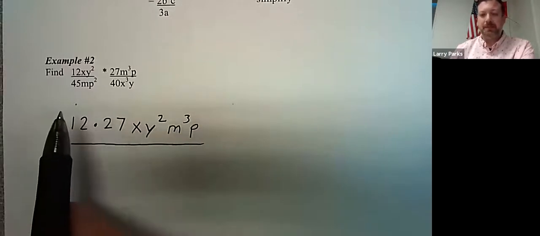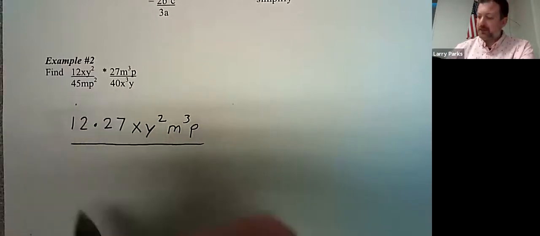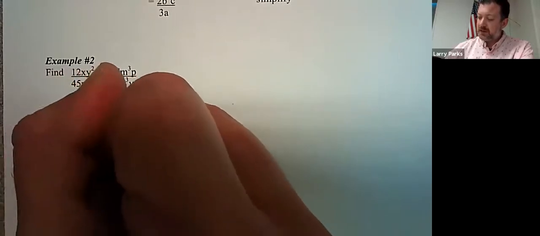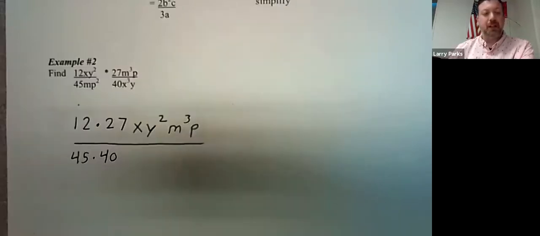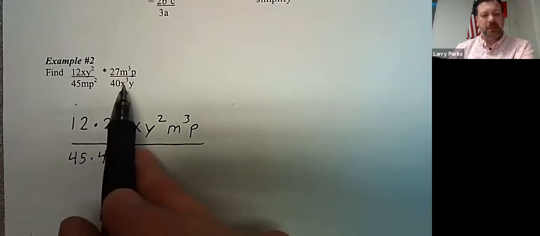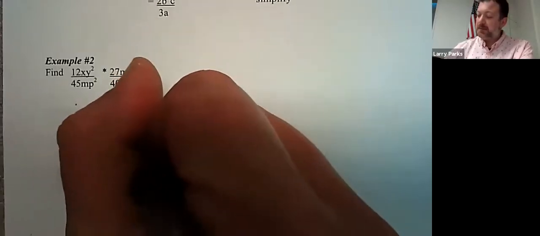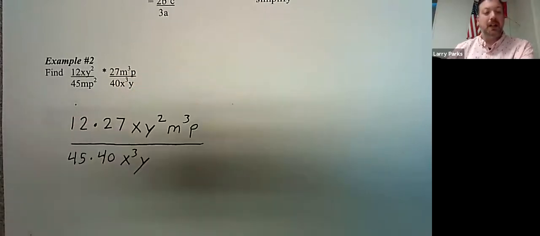And then on bottom, I have 45 times 40. And then I'm going to go ahead and put my x's first, x cubed y, just to line them up. M p squared.